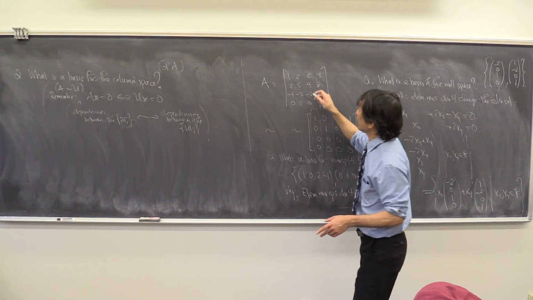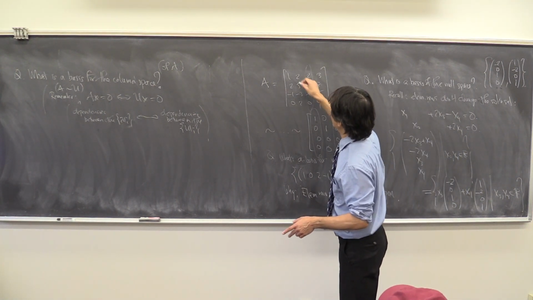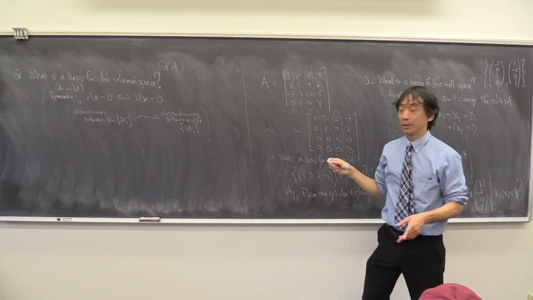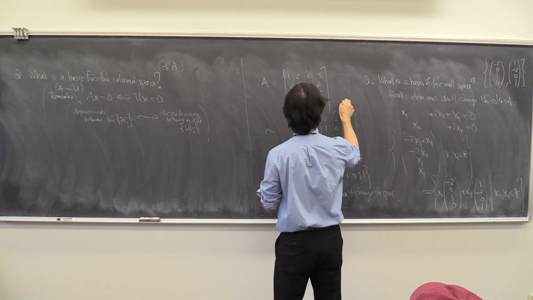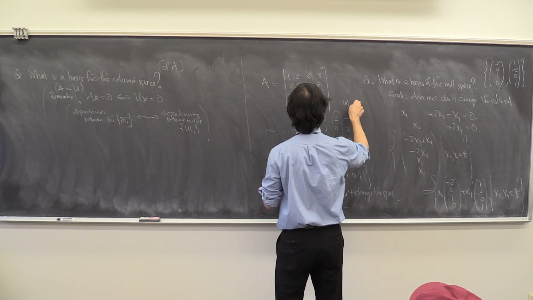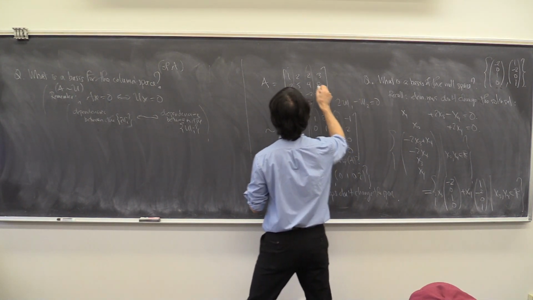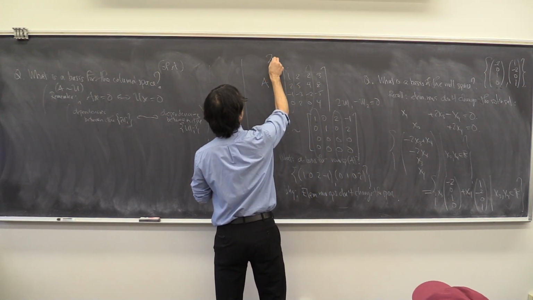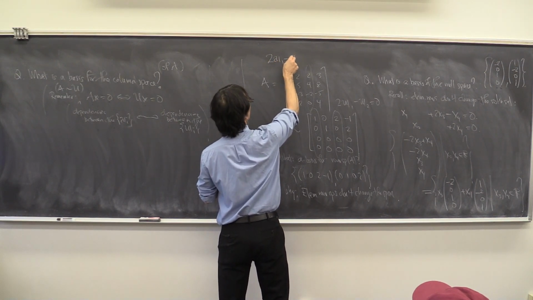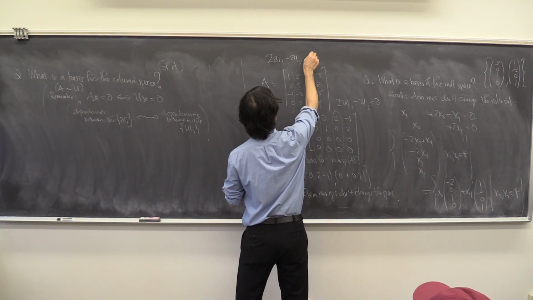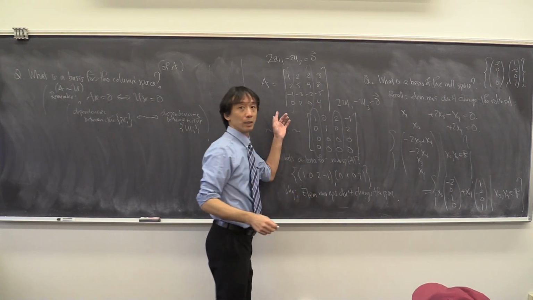And if you look at the original matrix, this column minus twice this column is 0. So in other words, 2u1 minus u2 is equal to 0, and that corresponds to a1 minus, sorry, a3 is the 0.